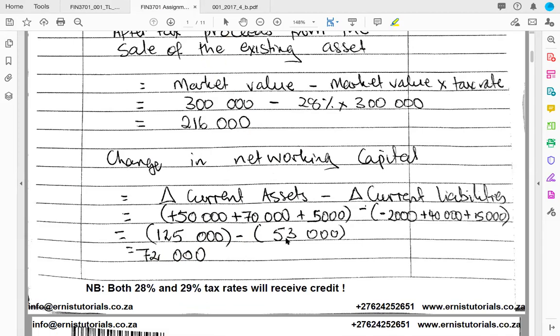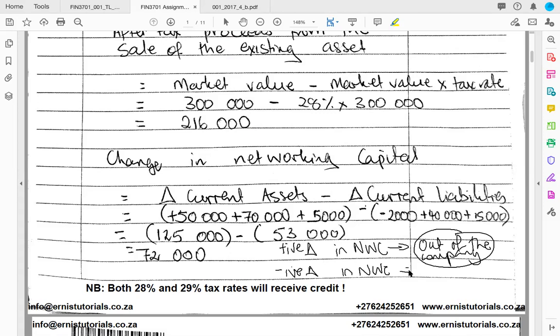So what does this positive 72,000 mean? If we have a positive change in net working capital, it means money went out of the company. It means we spent money to purchase current assets. So a positive change in net working capital means money went out of the company, whereas a negative change in net working capital means money came into the company.